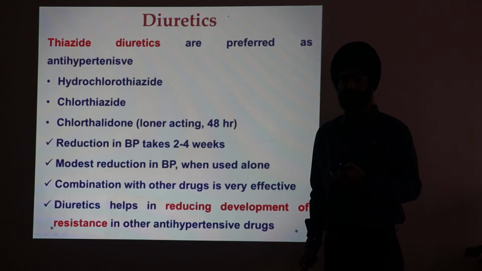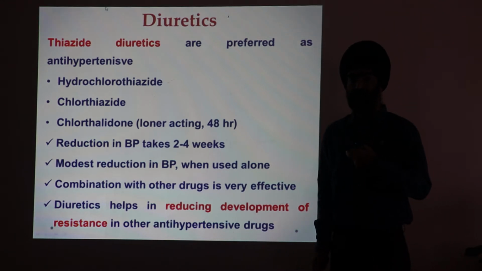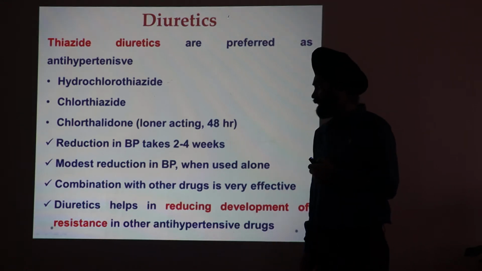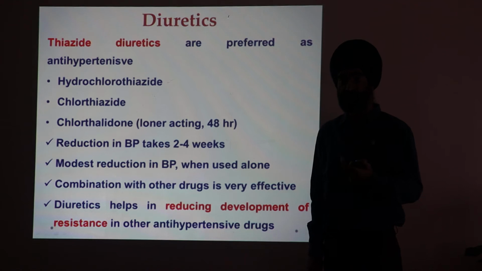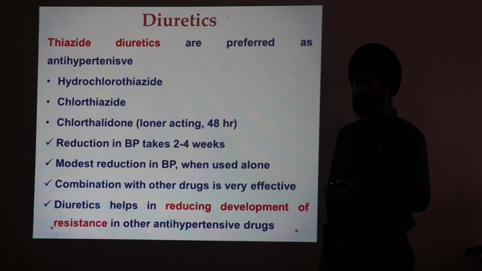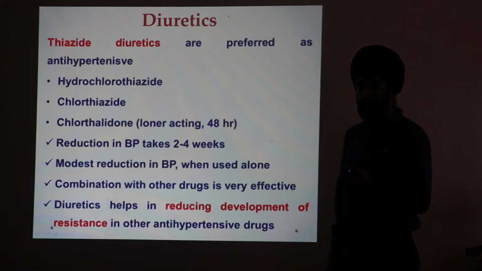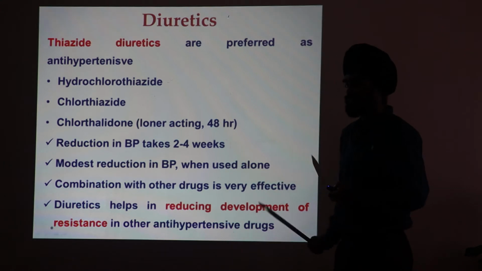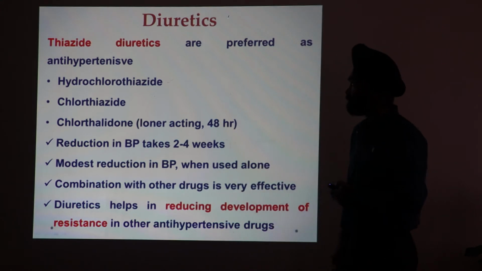Let's say you are using some antihypertensive agent like a beta blocker or ACE inhibitor. It may be possible that after a certain period of time, the efficacy is reduced because of the development of resistance, because with time fluid retention starts taking place. But if you use diuretics, then they reduce the resistance. This is the major significance.